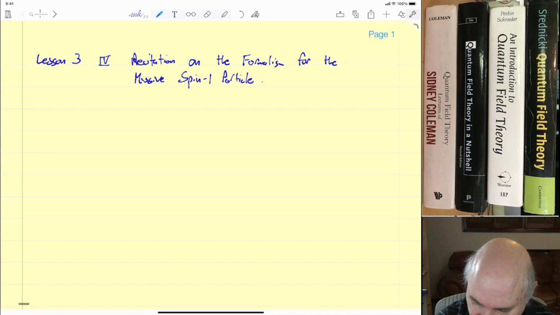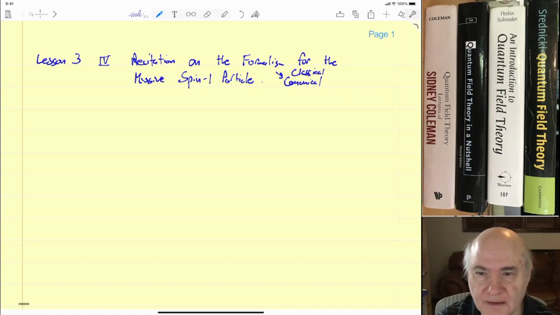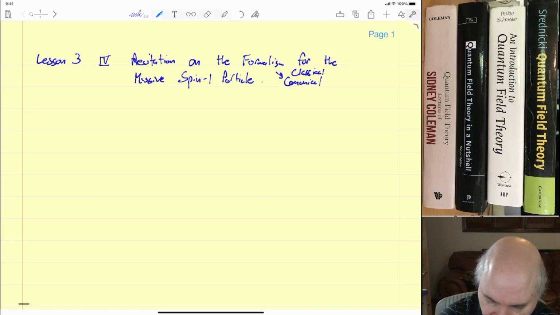When I say formalism, I mean the canonical formalism, and we're only going to be doing the classical today. This is actually a problem from Bjorken and Drell, Chapter 11.